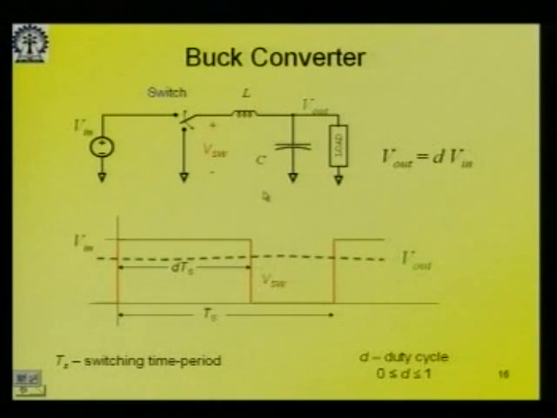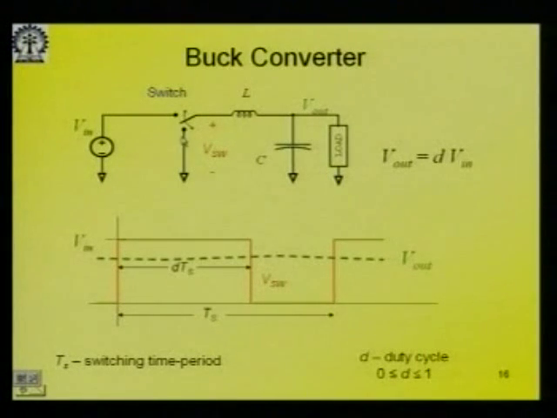This is actually a switched power supply. In our PCs we use these kind of supplies, and we call them switched mode power supplies, SMPS. This is called switched mode because there are switches here, and the switches are used to ensure that we get the desired output voltage at the load terminal.